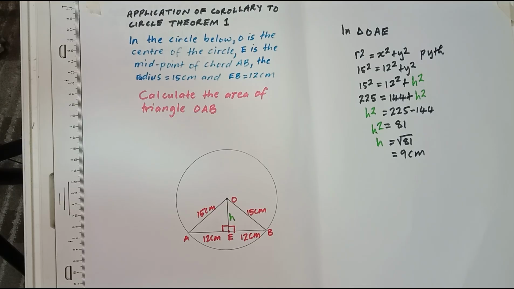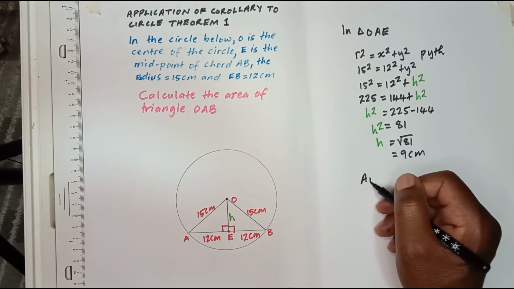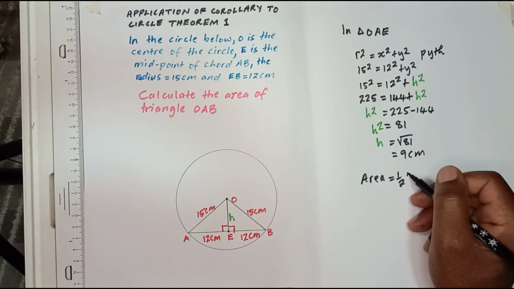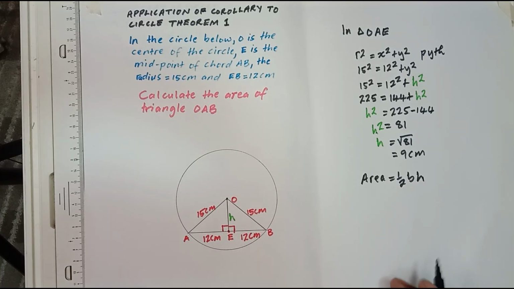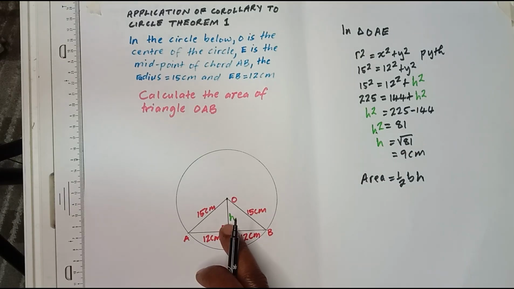So now we can substitute into the basic formula for finding area. We say area is equal to half base times perpendicular height. Remember, this is our h, which is the same h as that green h, the perpendicular height in the diagram.